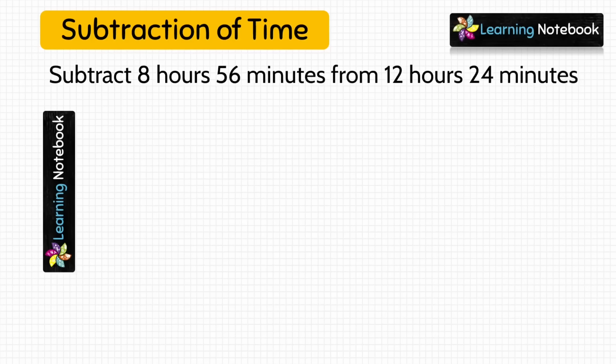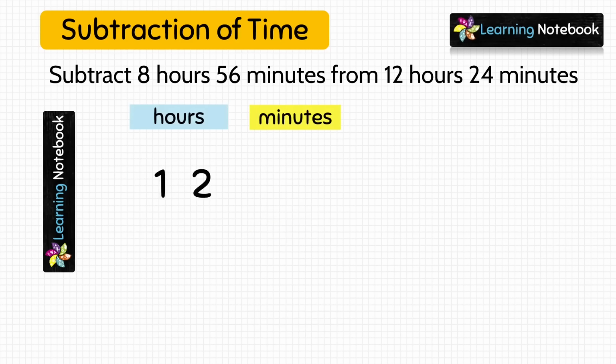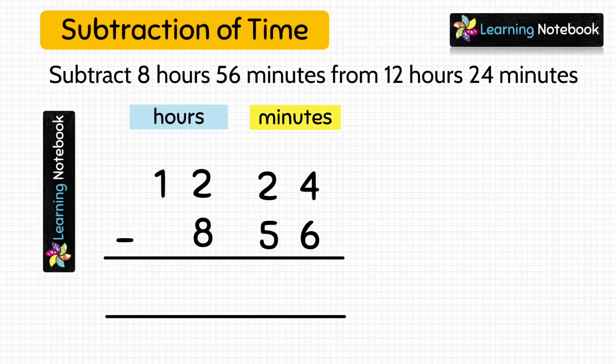Next question is: subtract 8 hours 56 minutes from 12 hours 24 minutes. Let's first write them in column form. Now students, one important point to note here is that while subtracting time, we always have to consider both the digits of minutes.